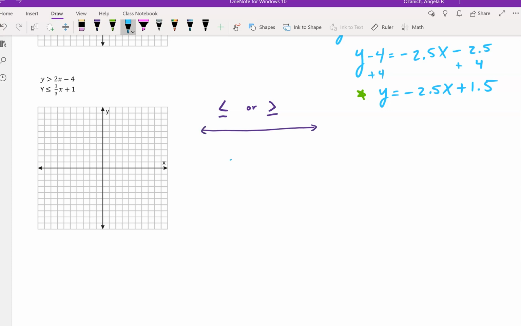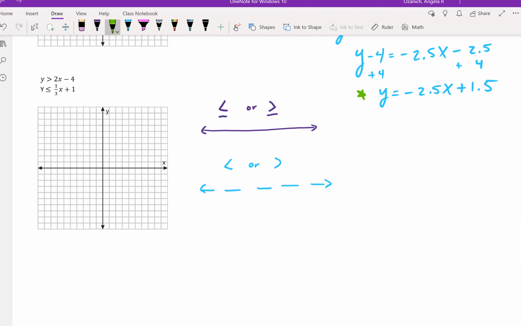And if we have strictly less than or strictly greater than, we're going to have a dashed line. Okay, so let's go check this out and see what we got.